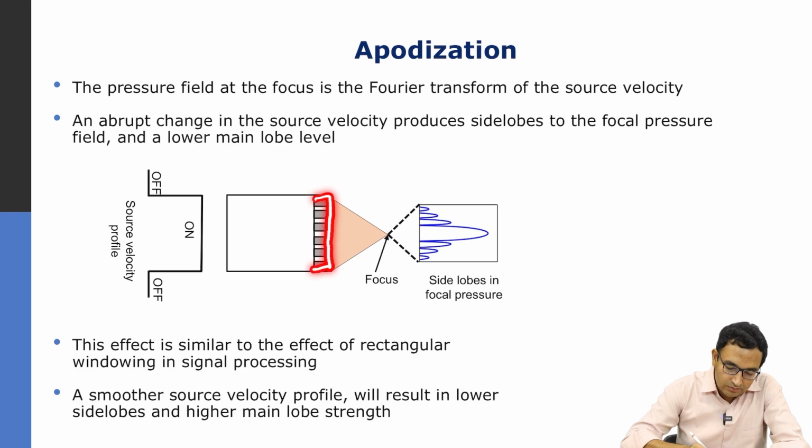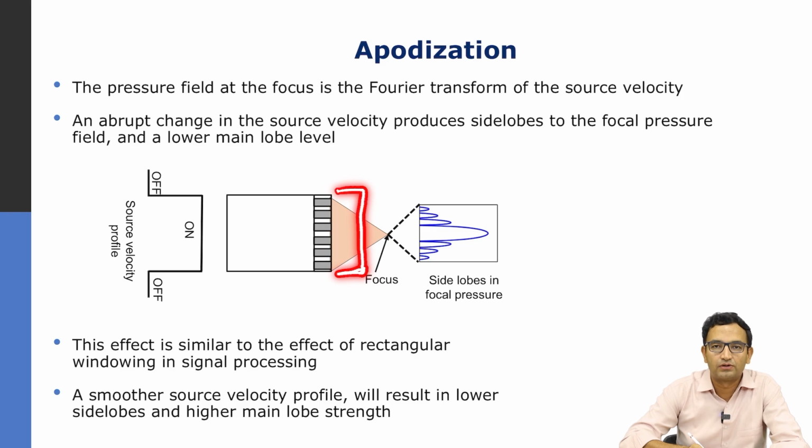This is my source, this is my transducer. For now let us just think of this as a single element transducer. So now this will be oscillating in this manner, with a certain velocity u. This velocity profile is going to match the geometrical profile of the transducer. So whatever is the shape of the aperture, the profile of the velocity will also look similar.